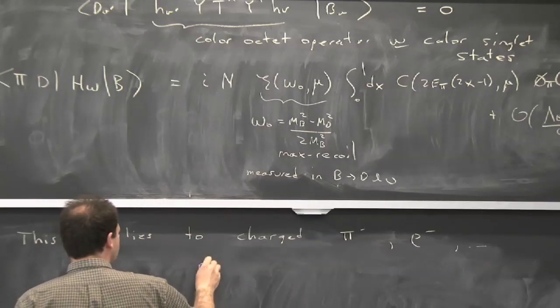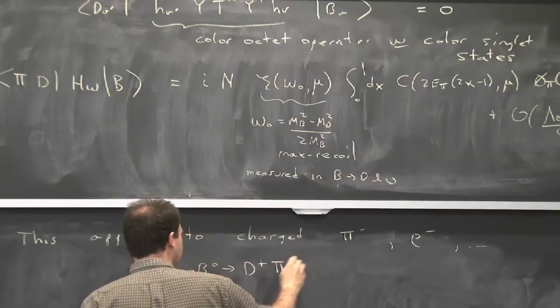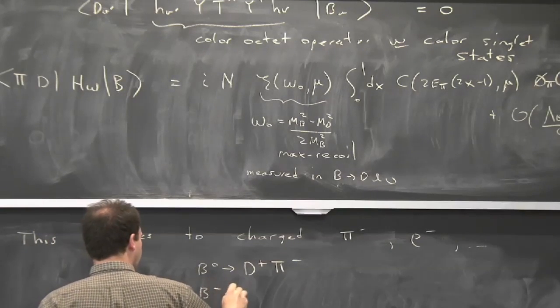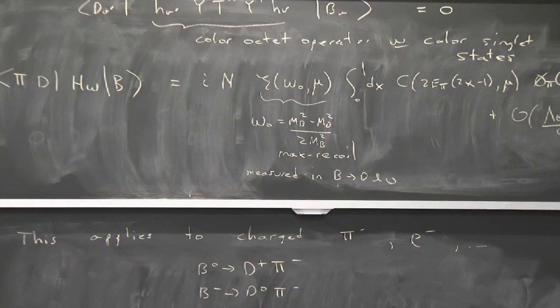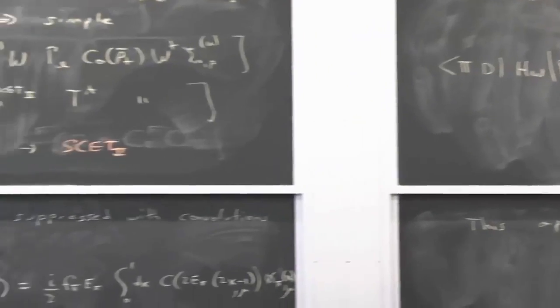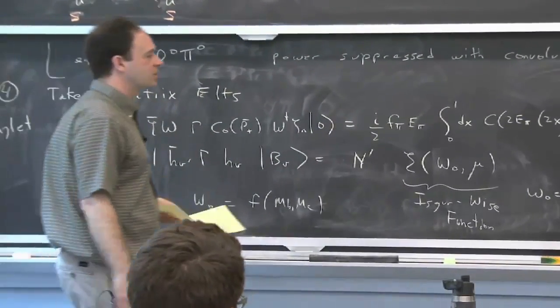So you could have, if you wanted to look at charges, B0 to D plus pi minus, or you could have B minus to D0 pi minus. And there's a third one, which is the one we were talking about over here, B0 to D0 pi 0. So there's three different ways, three different B to D pi transitions, depending on the charges.